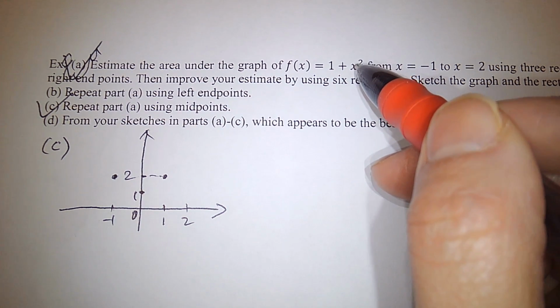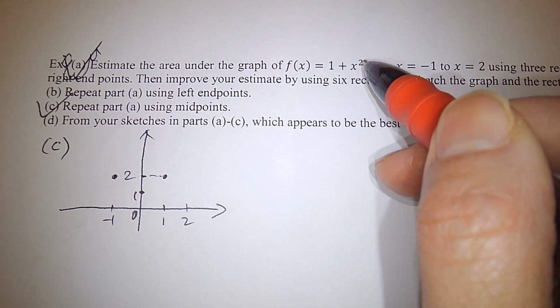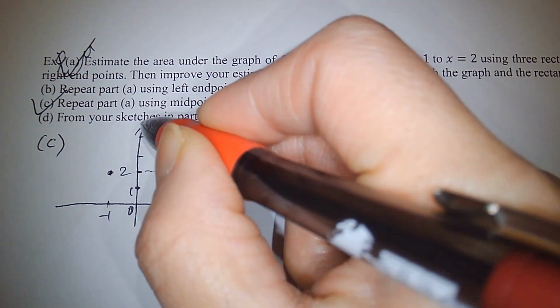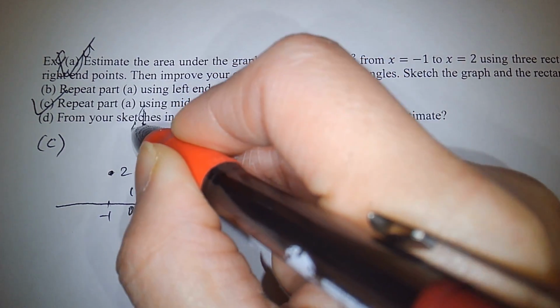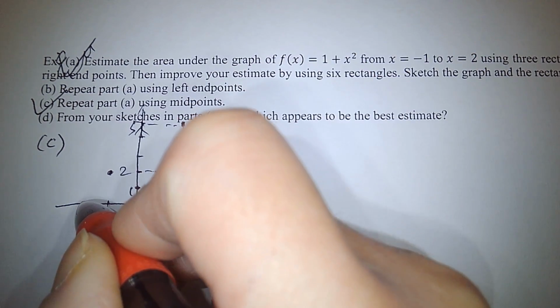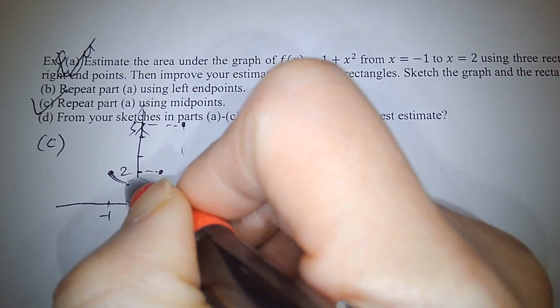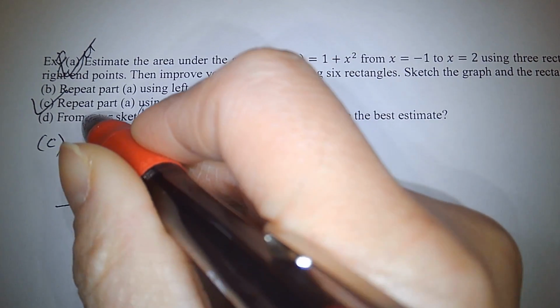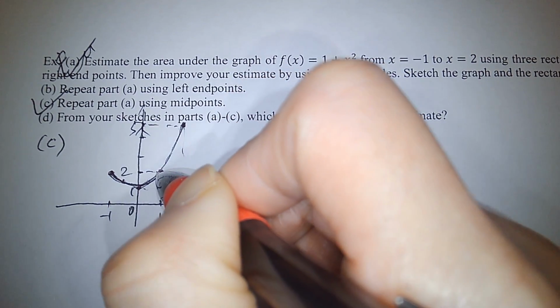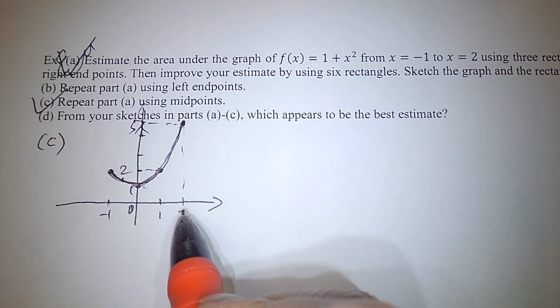When x equals 2, 2 squared is 4, right? 4 plus 1 is 5, okay? So 3, 4, and 5. 5 is here. When x equals -2, of course, there will be a point here, okay? However, we'll only talk about x equals -1 to 2.